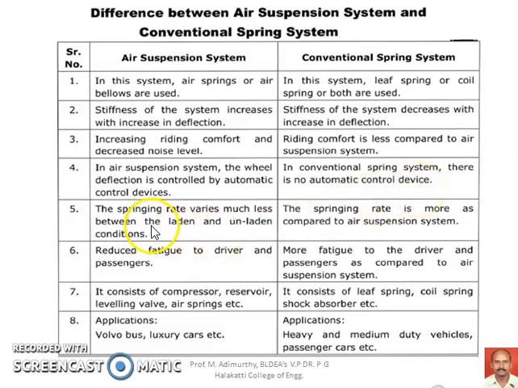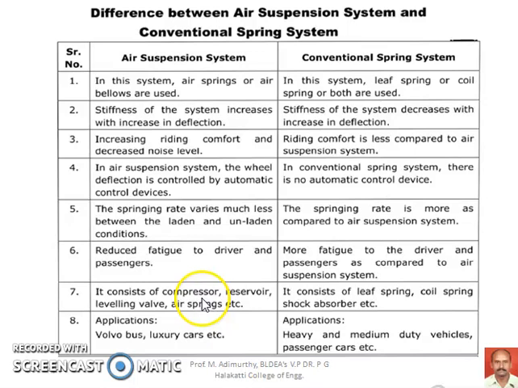In air suspension system, the springing rate varies much less between laden and unladen conditions, as we already discussed, whereas the springing rate varies more in the conventional system. And fatigue to the driver and passengers is very much less in air suspension system, and relatively more in the conventional system.